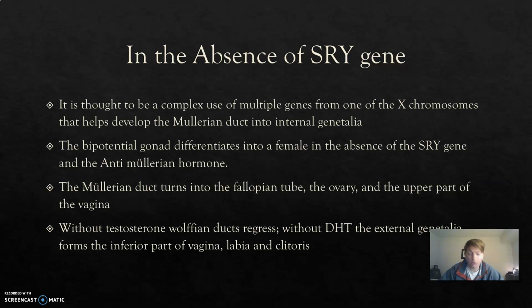Because the anti-Mullerian hormone that's produced by the Sertoli cells is non-existent. So that Mullerian duct is actually able to develop on its own, given most likely all those genes. There's a lot of different factors within the genes of the two X chromosomes that are received with the female that helps develop the ovaries, the fallopian tubes, and the uterus.